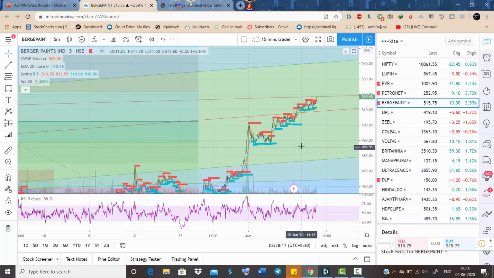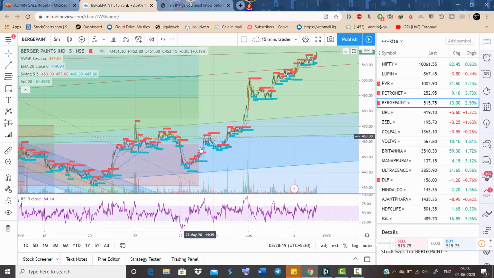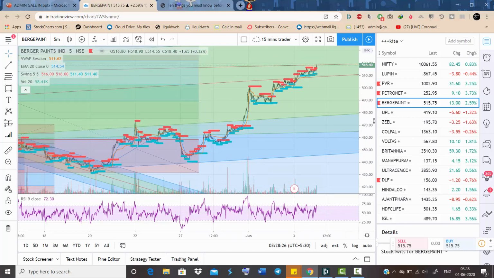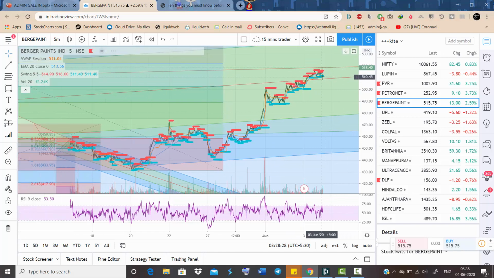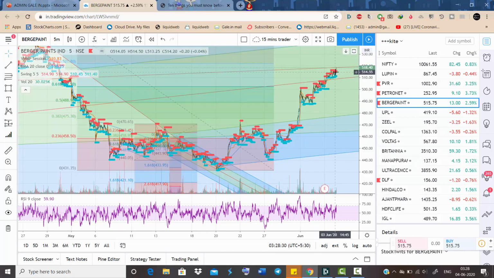Berger Paints was a good buy in this blue region, like 440 and all, for a target of 510. You can see two median lines are there, a little complicated. So the stock has come between these two median lines, so you can book profits over here if you want.